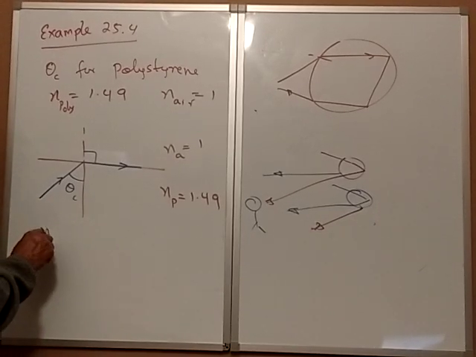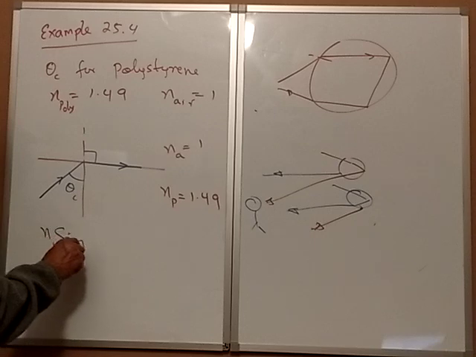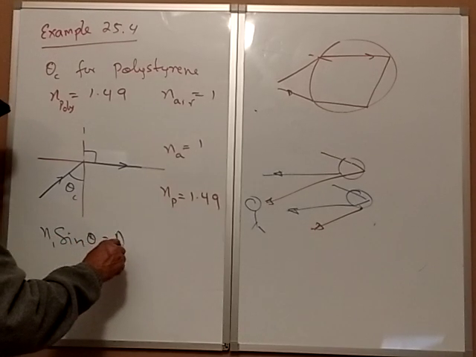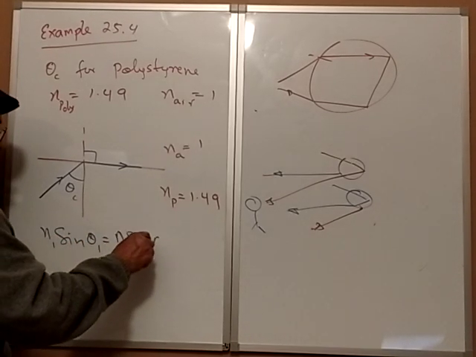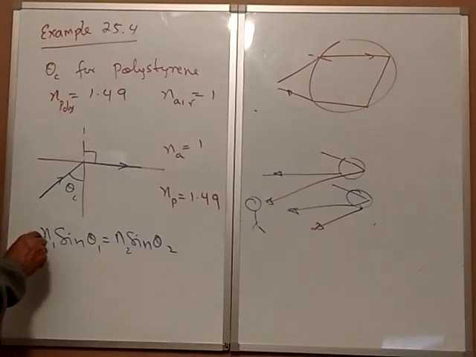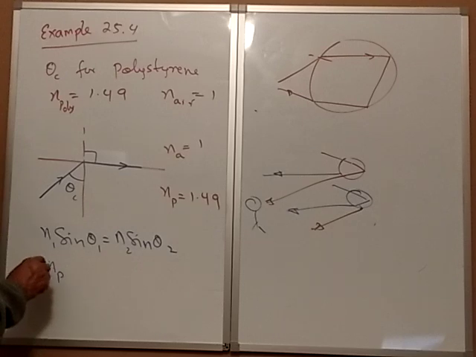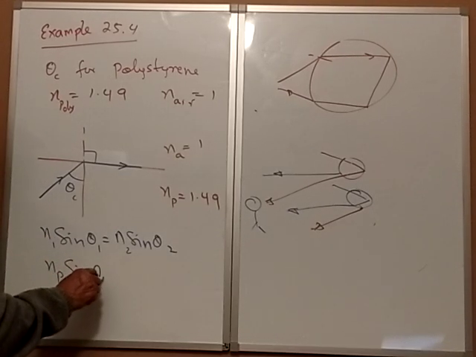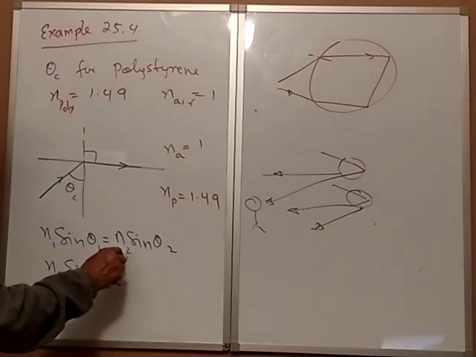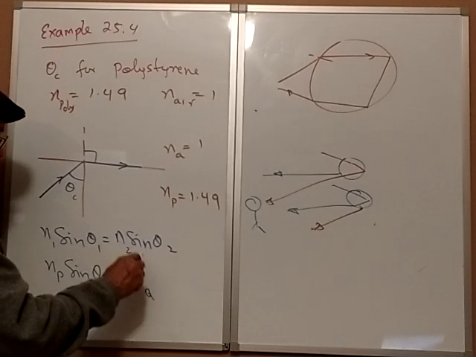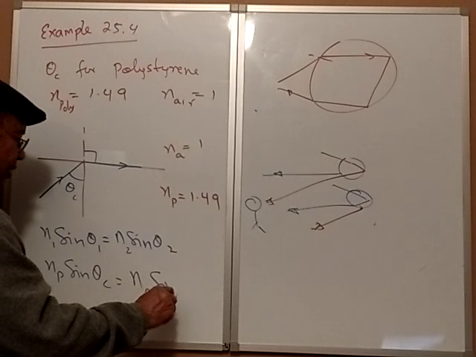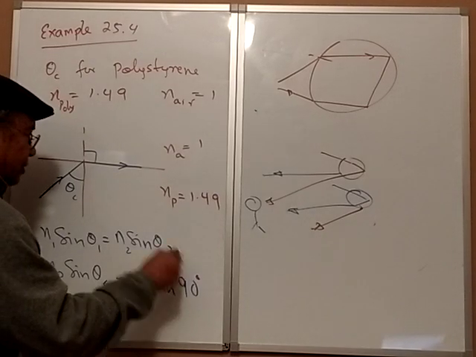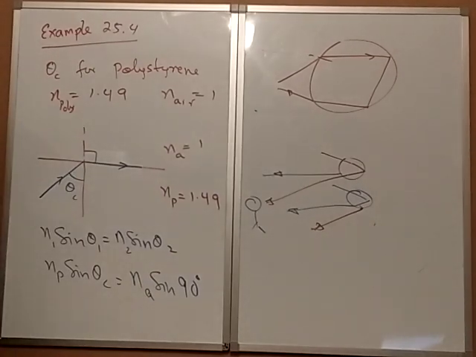Snell's law said N1 sine theta 1 is equal to N2 sine theta 2. Incident medium N1, which is NP, polystyrene, sine theta 1, we want it to be the critical angle. N2, which is N air, sine theta 2. What is theta 2? Theta 2 has to be 90, as I just explained, right?